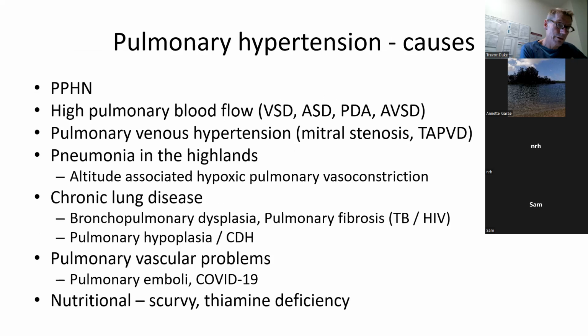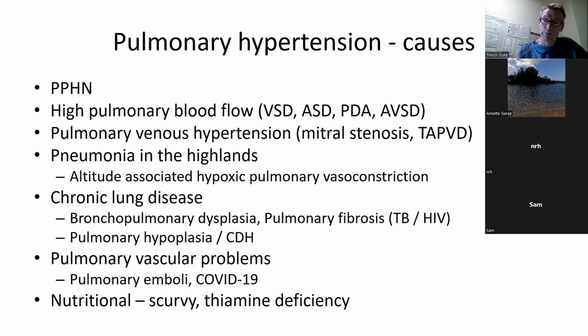The important thing about pulmonary hypertension is to be open to what the cause is, because there are many different causes, and it depends on the age of the presentation of the child and on their background problem as to what the cause is.